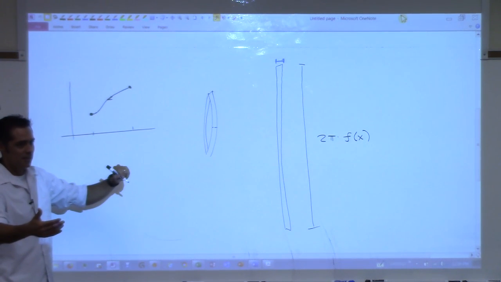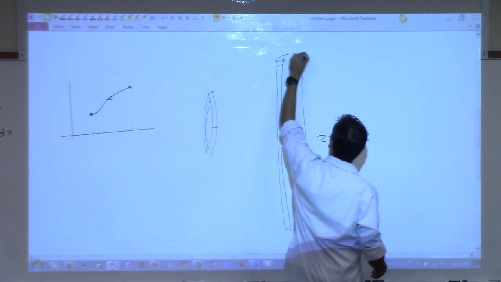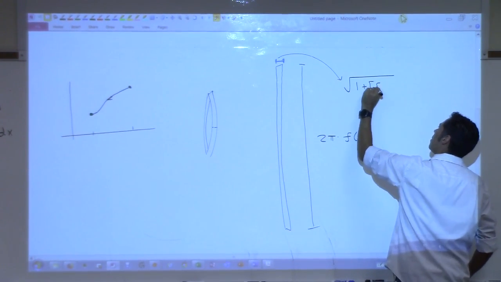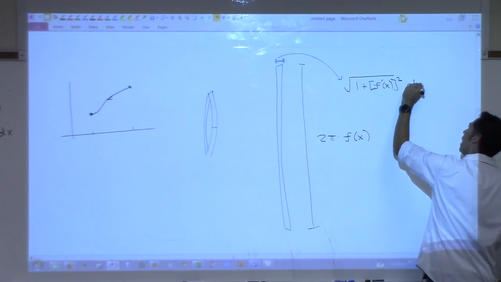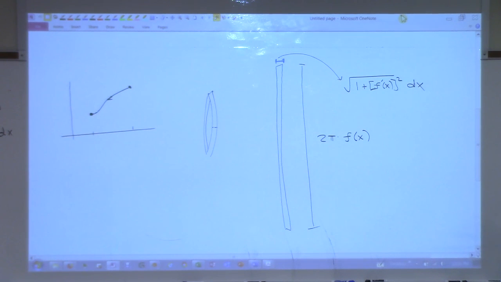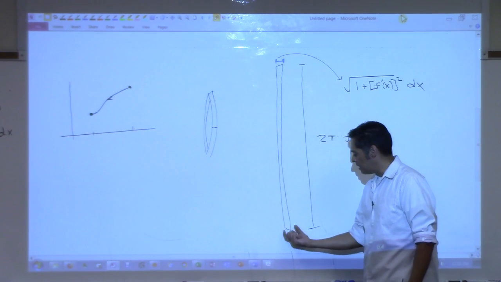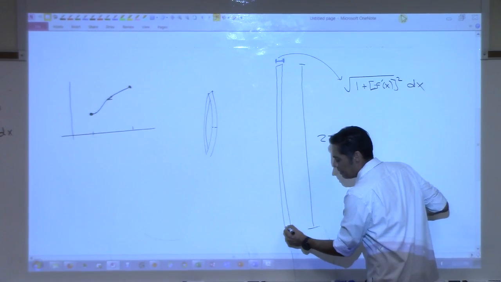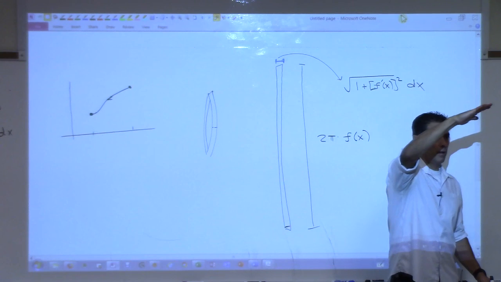So this distance right here is actually the square root of 1 plus the derivative of the function squared dx. That's going to give us the exact answer, because dx by itself assumes this was a flat curve, with no curve to it.